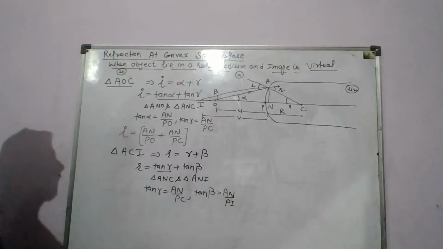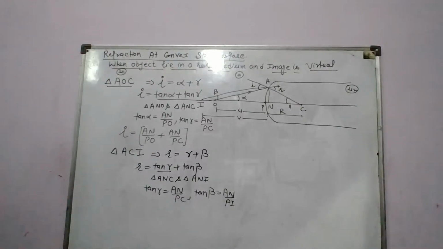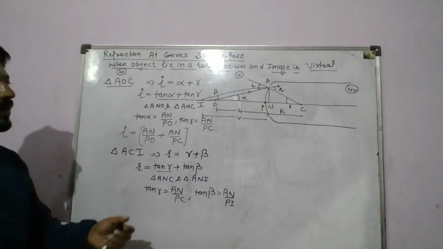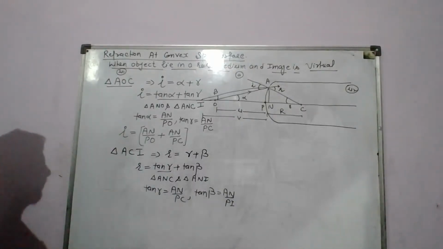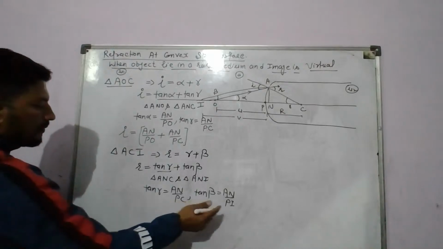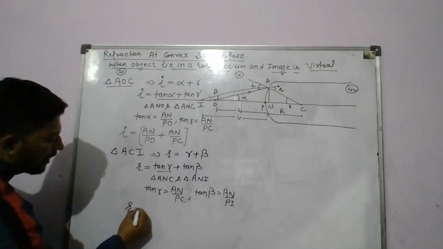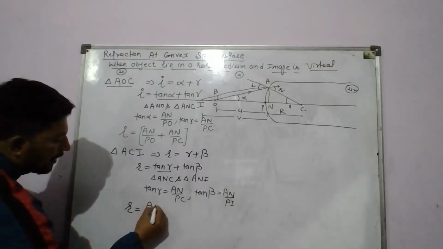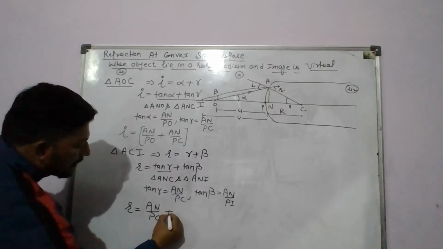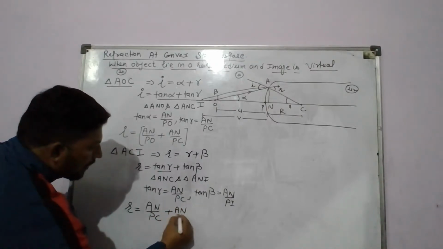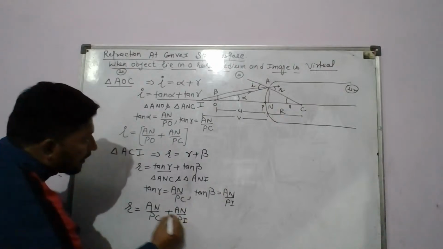In place of N we write pole, because all distances can be measured from the pole; N is very close to P. Now these two values put in this equation, r is equal to AN upon PC plus AN upon PI.